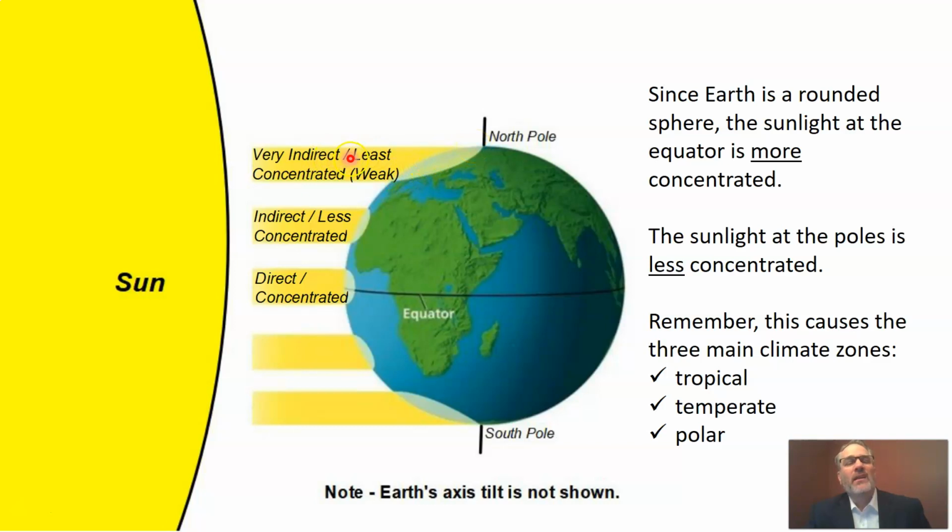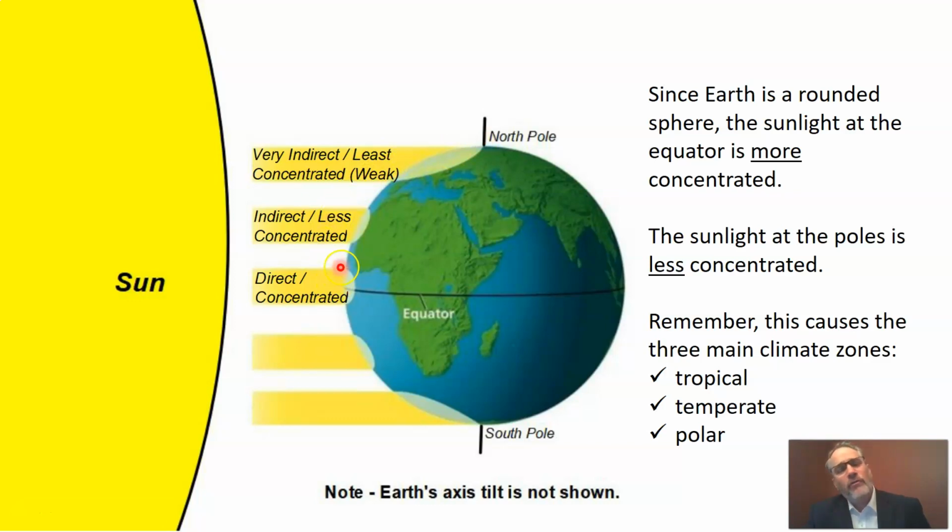So we have less concentrated, in some ways weaker, light and heat that are going to strike at the poles. So the light at the equator is very concentrated. It's more direct. It's, I guess, stronger would be an okay word. And we have light here at the poles that is going to be less concentrated. It's going to be weaker, and a little bit less direct.